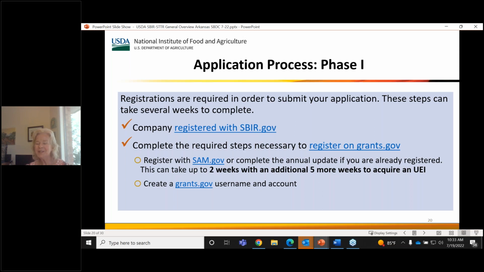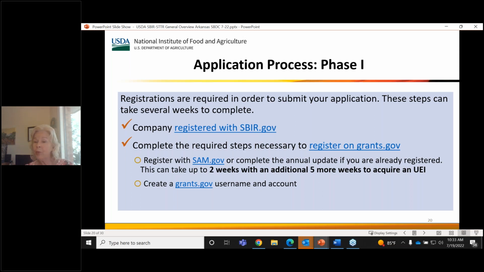However, two things I want to say about that. If you don't have your SAM.gov number and you go in to apply on grants.gov, you will still get a pop-up saying that you can't go forward without your SAM.gov number. So as of last fall, if you ignored that and went on with it, you could still apply. Here's the important piece: I don't know how long that will be lifted.